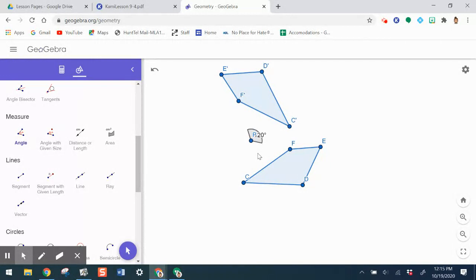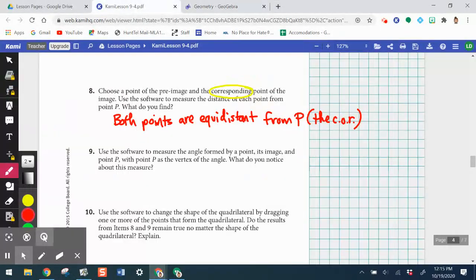And we can do that with several other points if you like, just to make sure. So we'll do these further points, D, P, and its corresponding point, D prime, and we see that same angle of rotation. So let's go back and answer our text. What do you notice about this measure? Well, it's 120 degrees, or same as the angle of rotation.